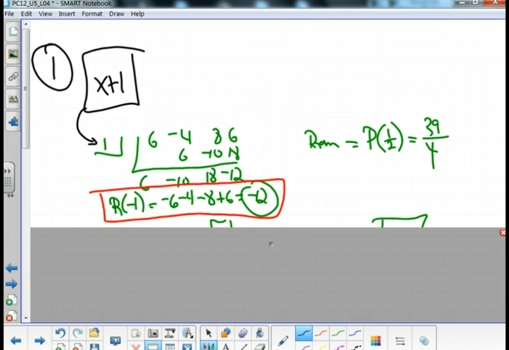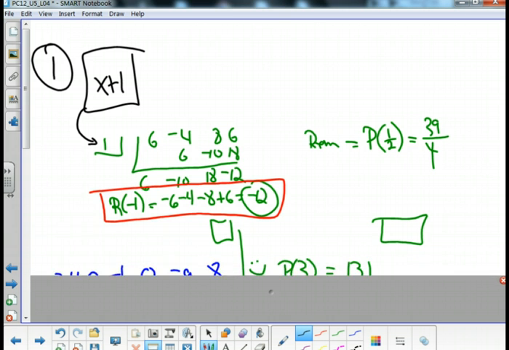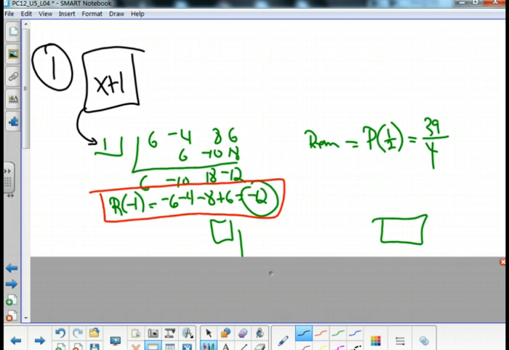The only part that this question asked about was, what is your remainder? When I divided, I found out that my remainder was -12.